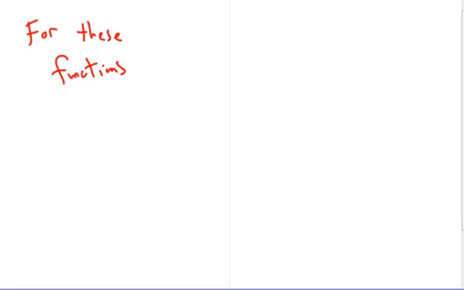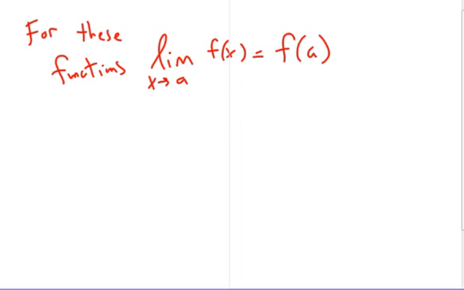So for these functions and lots of the other really nice ones, the limit of f of x as x approaches a is f of a. I know maybe in previous episodes I said that those are not the same thing, and that's true. They don't mean the same thing. This means what is the function value at a. This means what does the function approach as x approaches a.